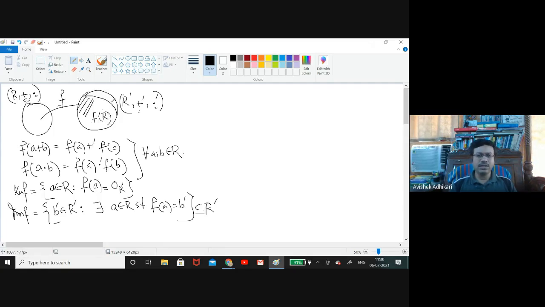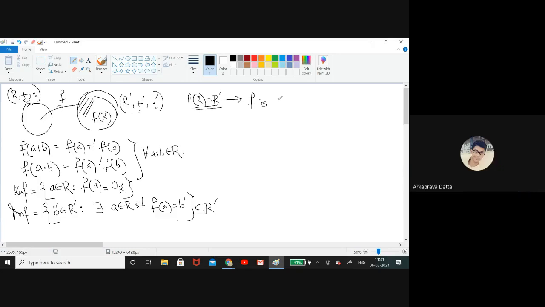In many cases, f of R may be equal to R dashed. Now please tell me in which case f of R should be equal to R dashed. What extra property should we impose over f so that f of R equals R dashed? Can anybody tell me when it will happen? When f is onto.